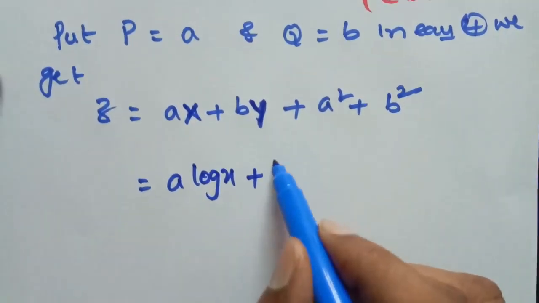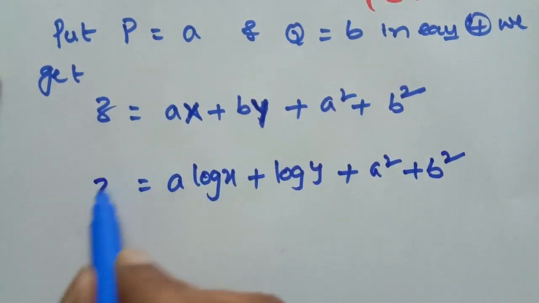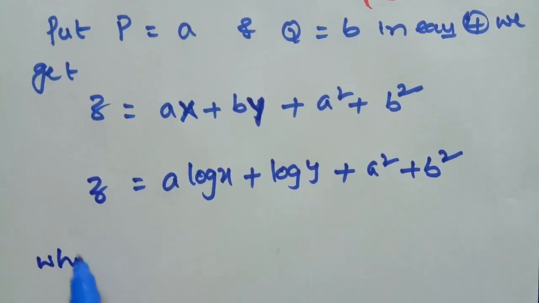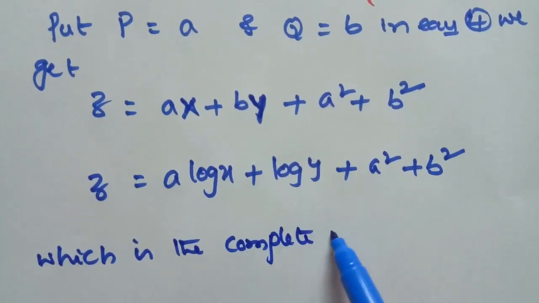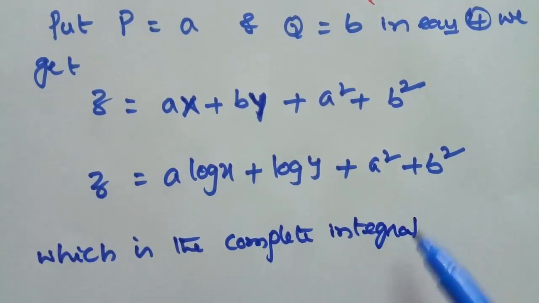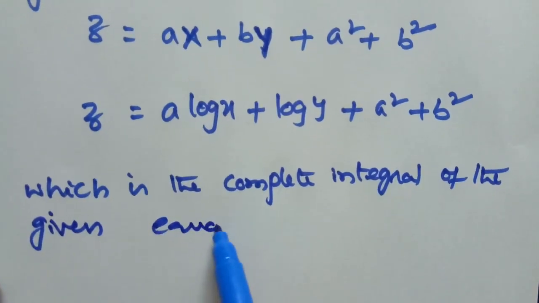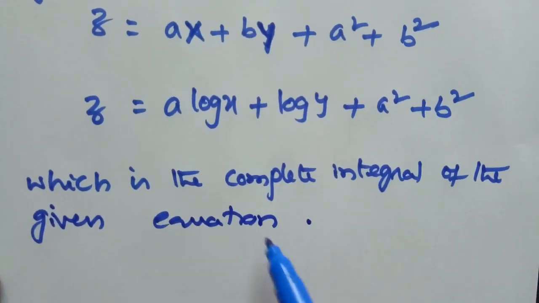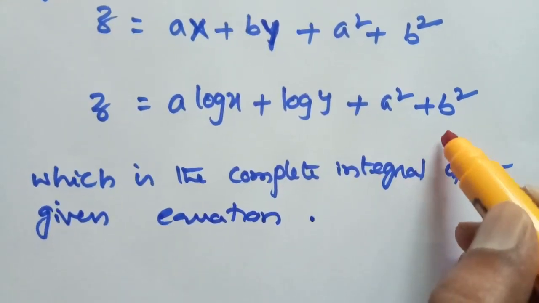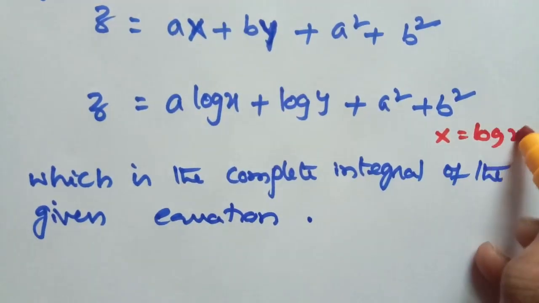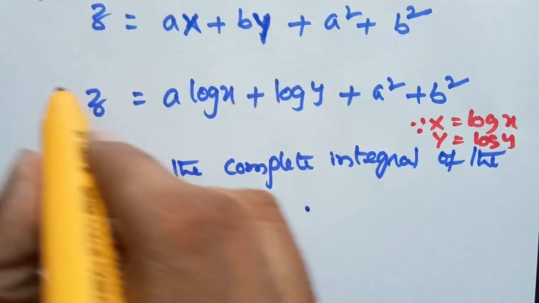Log x. What is capital Y? Log y. Plus A square plus B square. This is the complete integral of the given equation. Since here capital X is equal to log x, capital Y is equal to log y.